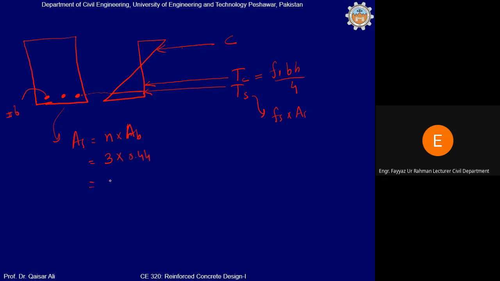It will be equal to 1.32 inch square. Understood? So from this you can calculate the tensile force resisted by the steel. Clear?